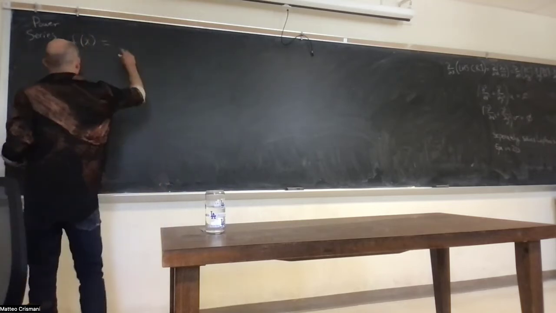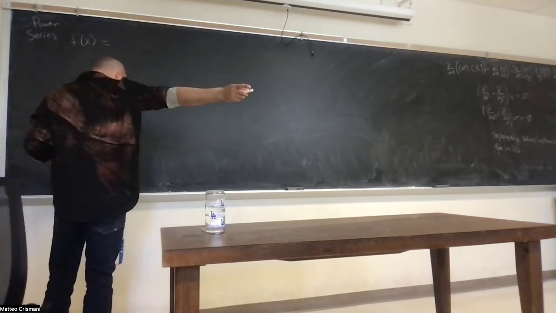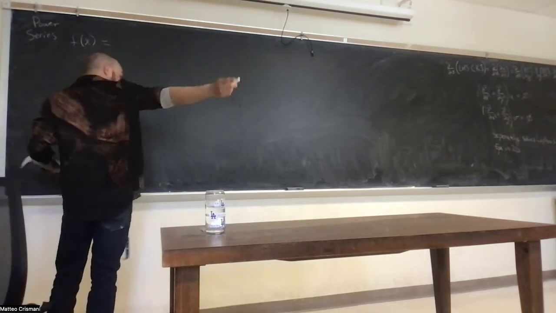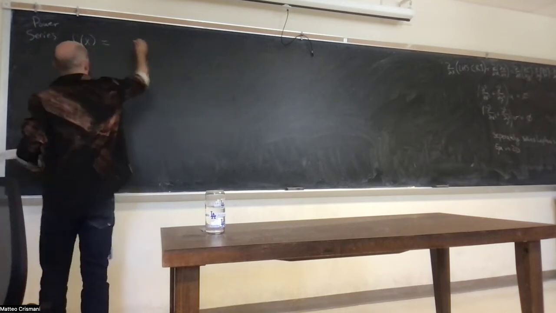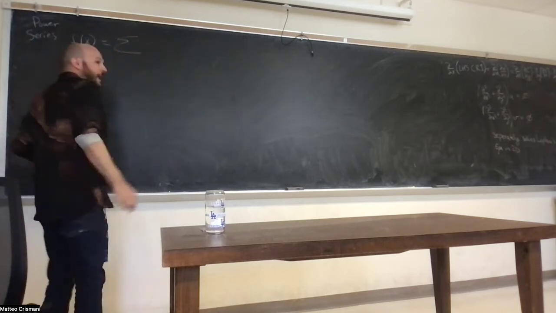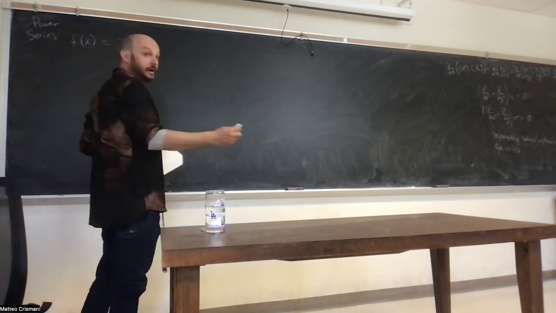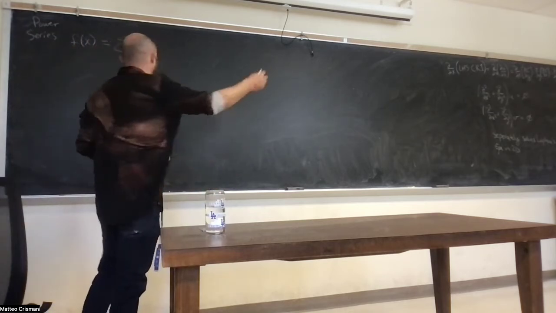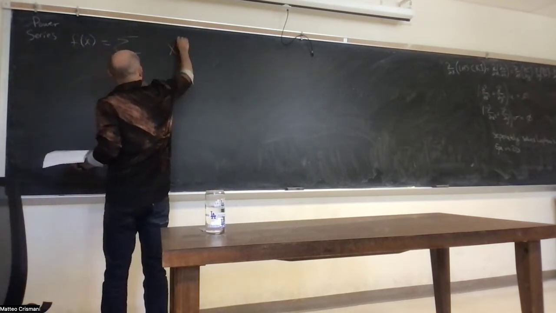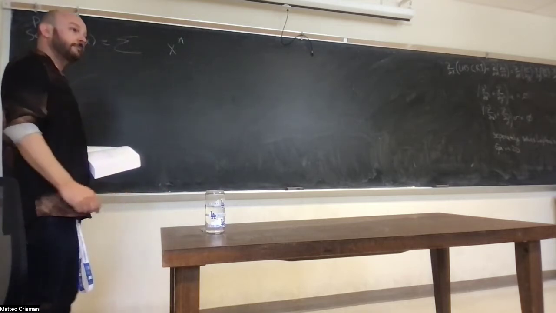Good. Series means adding, that means summation. And you said it's a series of powers of x. Very good. Let's write all that out. That looks good. Are we done?